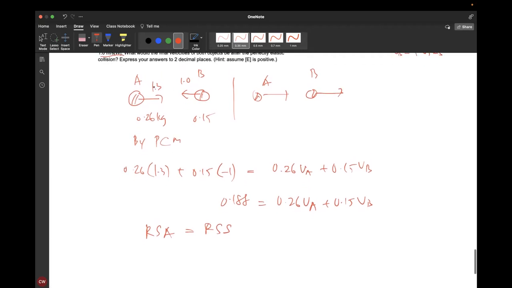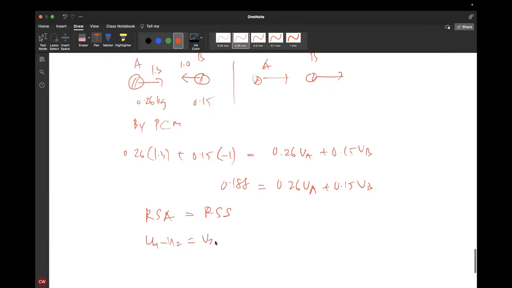Approaching: U1 minus U2 equals V2 minus V1. The first object is moving 1.3.